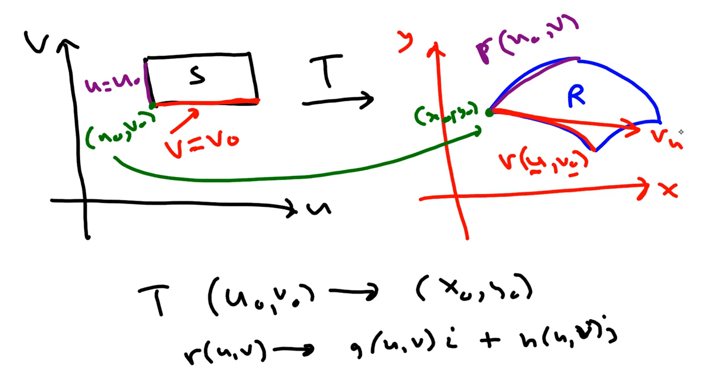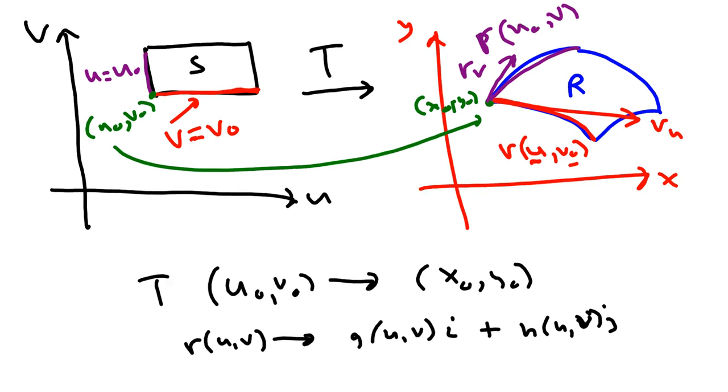That represents the tangent vector to this region at the point x0, y0. And similarly, we could find this vector. We'll call that r sub v, which is the tangent vector to the region at the point x0, y0 in the v direction.